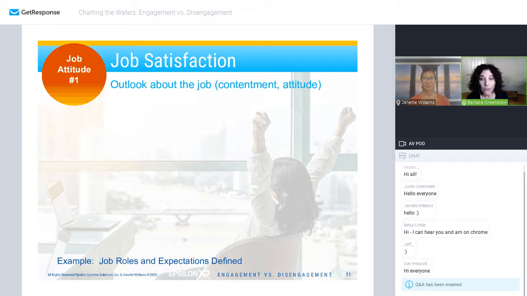We'd like each of you to contribute, for each of the 3 job attitudes we're going to talk about, what you would recommend or what you've seen done within your organization. Besides your check sheet, we've provided you with an example at the bottom of each slide to get you started.